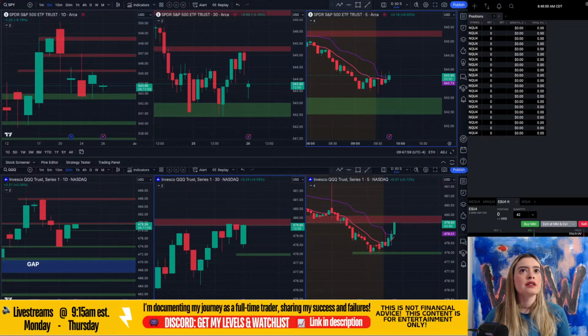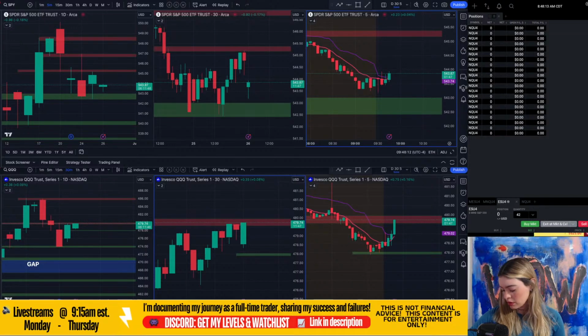Apple right at resistance, 212.50 is a strong resistance on Apple based on yesterday's and Monday's daily candlestick. 212 was support last week and now it's acting as resistance. So if it cannot break that 212 level, it's gonna go back down to 208.